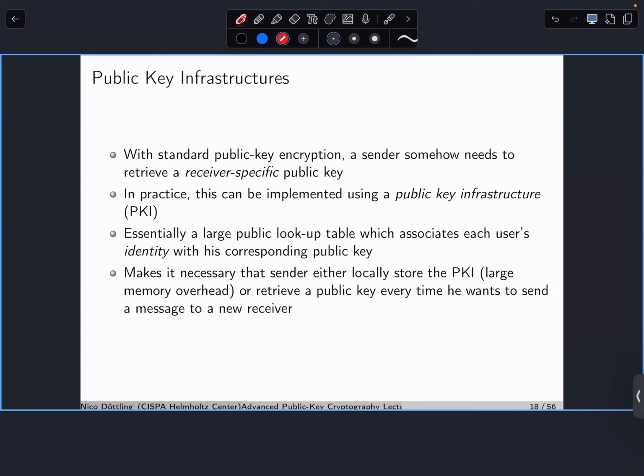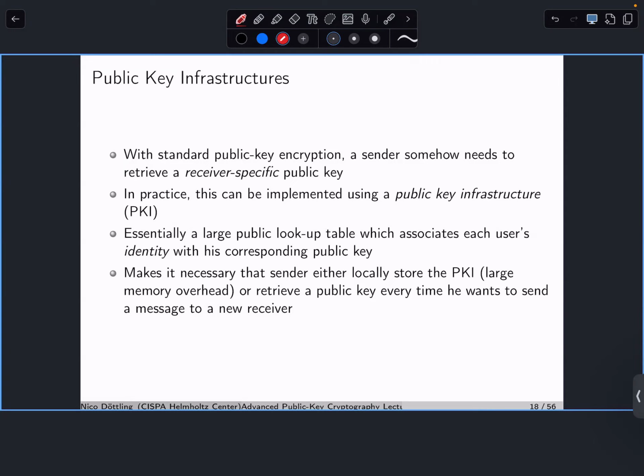However, if we want to do it like that, it becomes necessary that if I'm a sender, someone who wants to talk to a website, either I have to locally store the entire public key infrastructure table, which is a huge thing, like the public keys of everyone on the internet, or before I talk to someone, first retrieve their public key by talking to someone else.